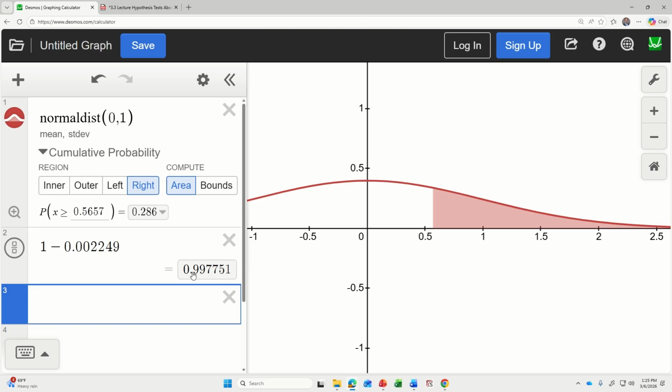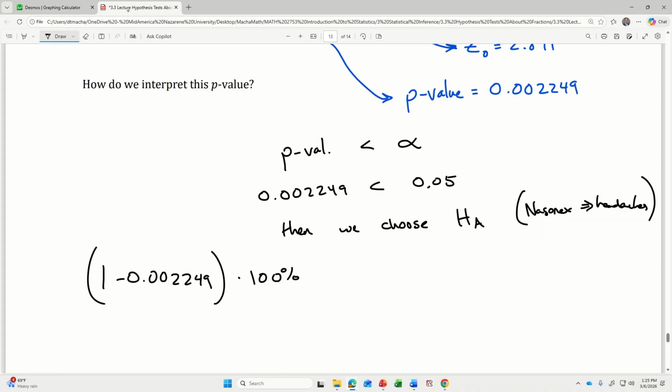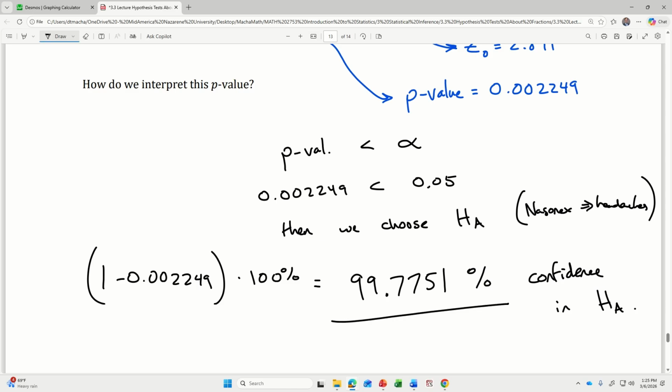Then I would have a 99.7751% confidence in my alternative hypothesis. So this is a significant amount of evidence that Nasonex has headaches as a side effect.